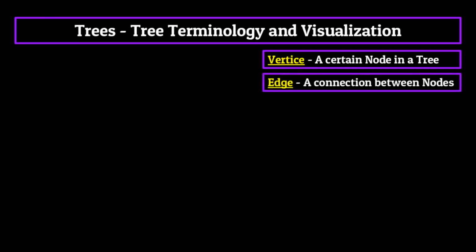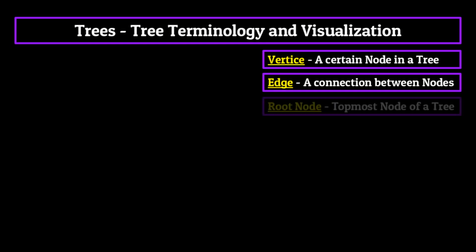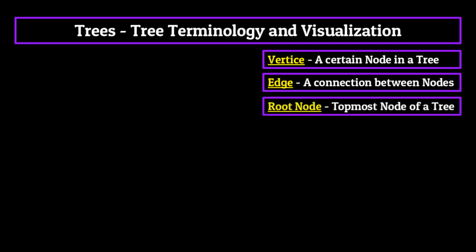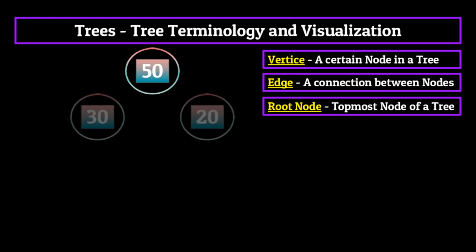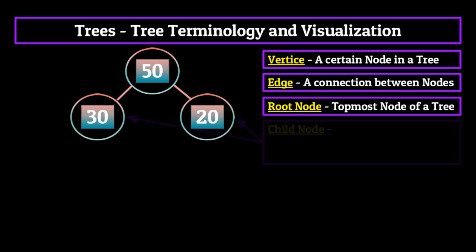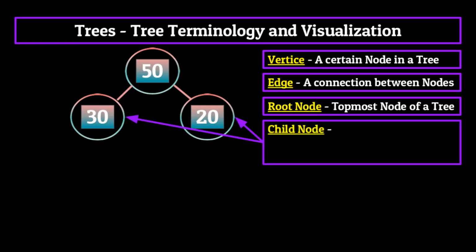The first new thing is that every tree starts with what's known as a root node. This is always going to be the topmost node of a tree. Let's add a node with the integer 50 to serve as our root node. Next up, let's connect two vertices to our root node using two edges. These two nodes we just added are what's known as child nodes, since they are both connected to the node containing the integer 50.